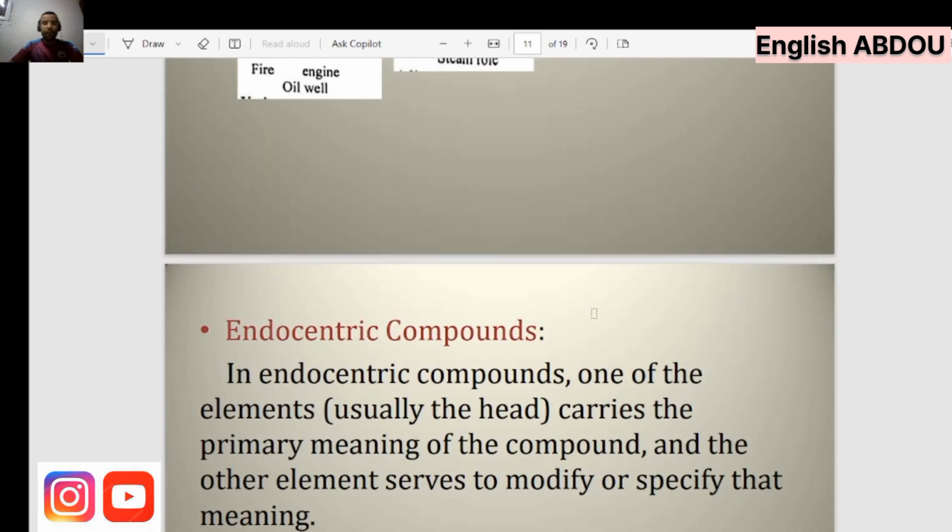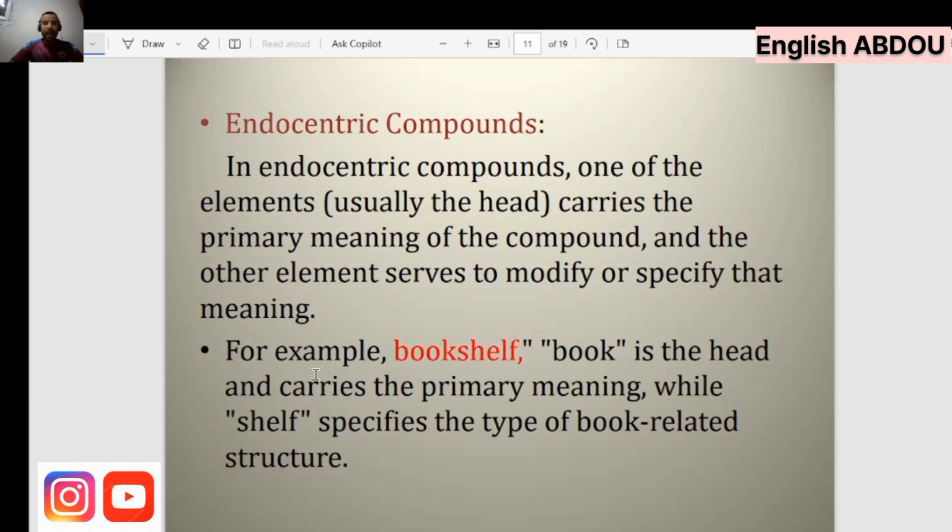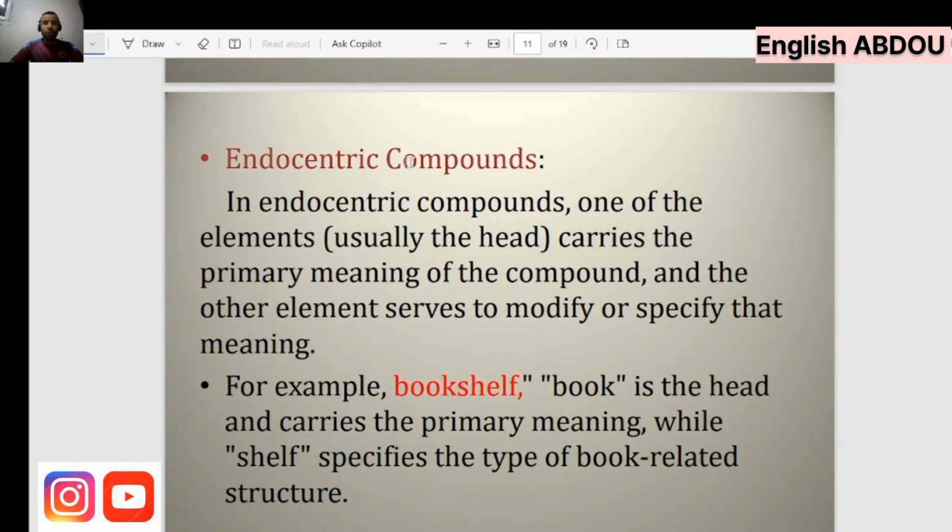Okay, now we have endocentric compounds and exocentric compounds. So in an endocentric compound, the meaning is inside the compound, not outside. This is the rule. As you can see, in the compound, one of the elements, usually the head, carries the primary meaning of the compound, and the other element serves to modify or specify the meaning.